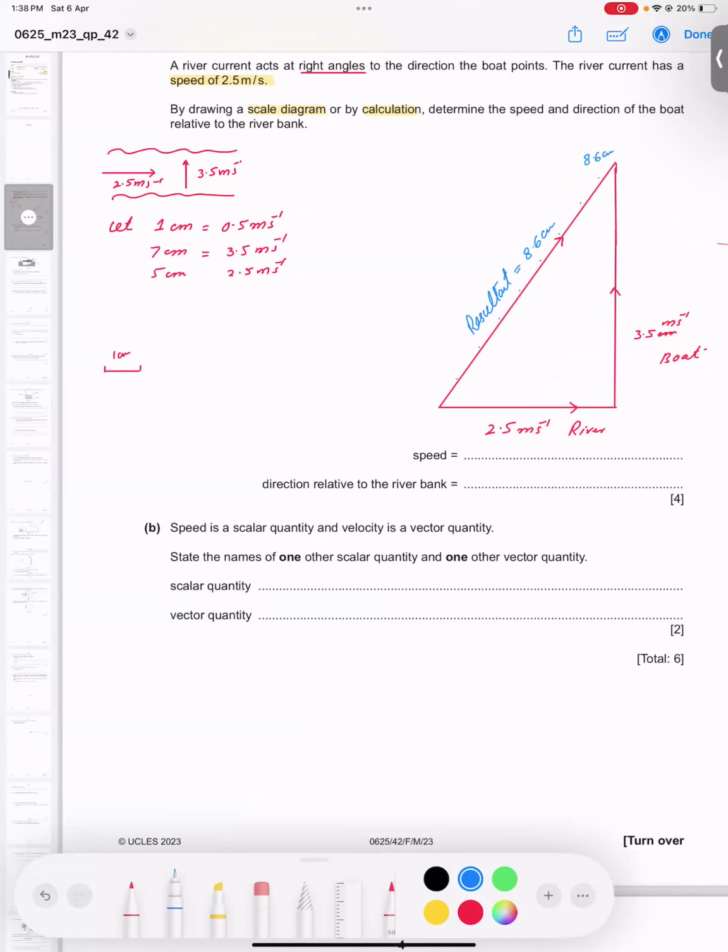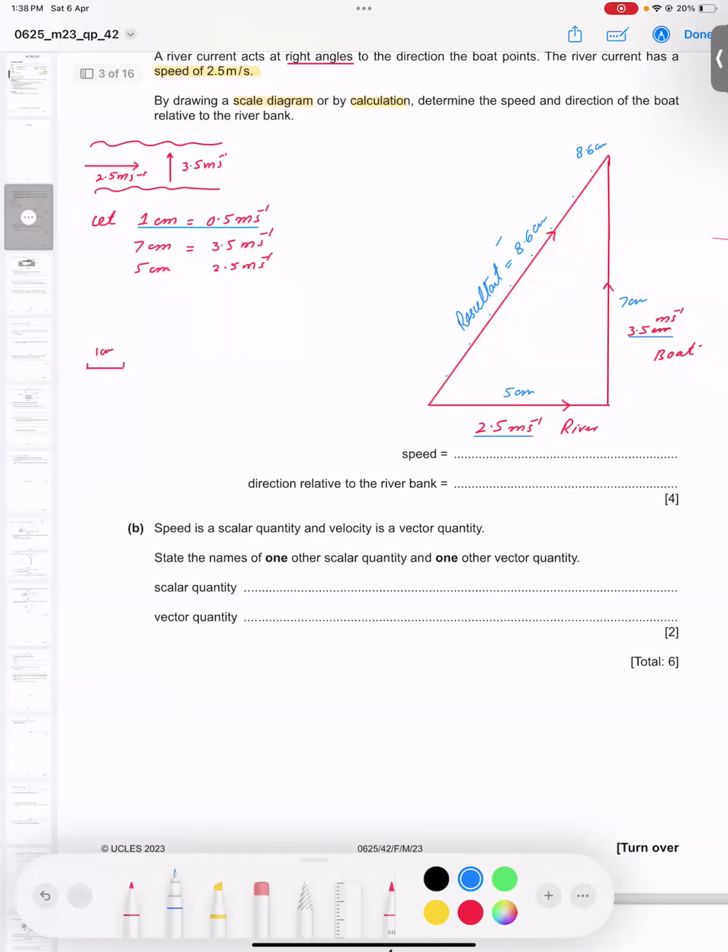According to this scale, the 2.5 meters per second represents 5 centimeter, and the 3.5 meters per second represents 7 centimeter. When I add 5 centimeter and 7 centimeter by head to tail rule, I get this resultant, equal to 8.6 centimeter. Because I want to write the answer in meters per second, I will convert this number back to the scale that I used in the beginning.